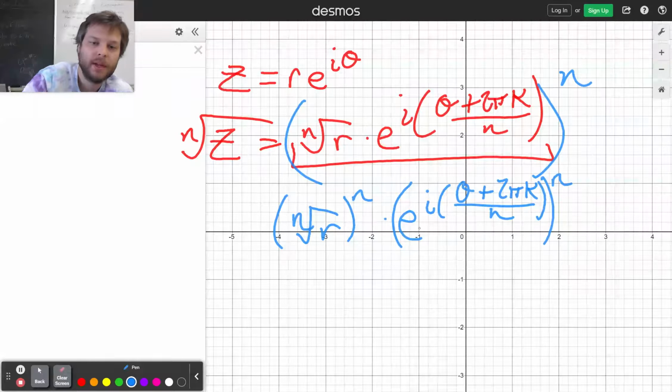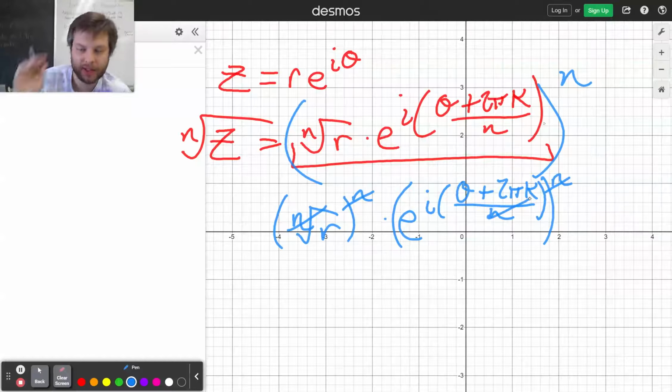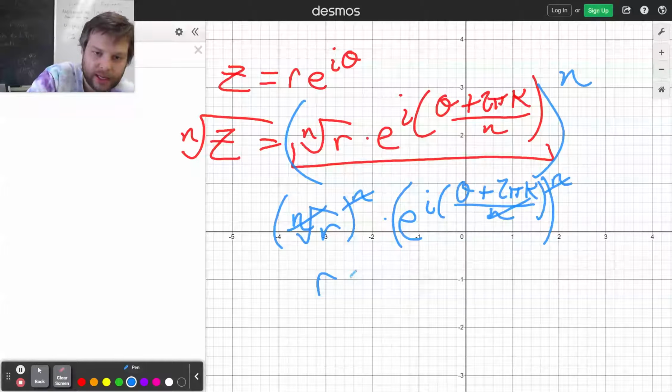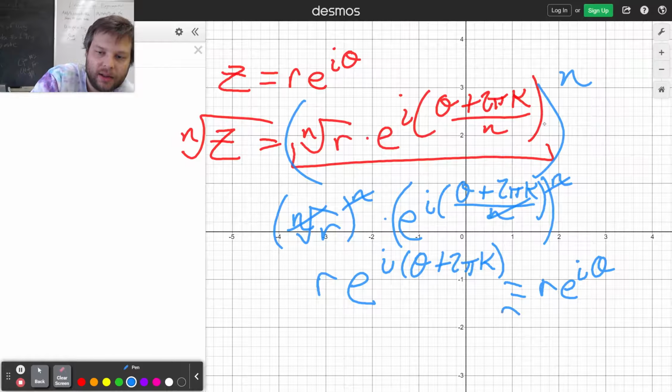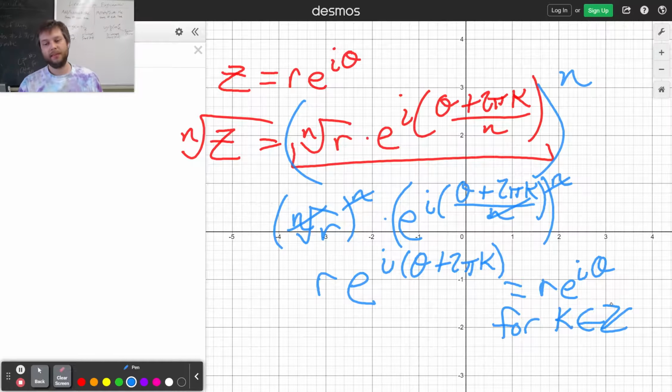So the nth root cancels out with the nth power, and multiplying by n cancels out with dividing by n. So what we have left over is r e to the i times (theta plus 2 pi k). And this equals r e to the i theta for any k that is an integer. Anytime k is an integer, you're just rotating a full circle, so you're back where you started.